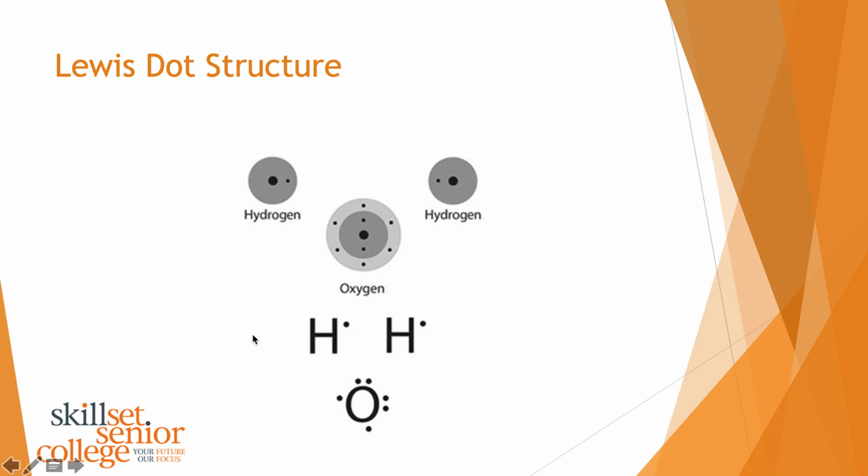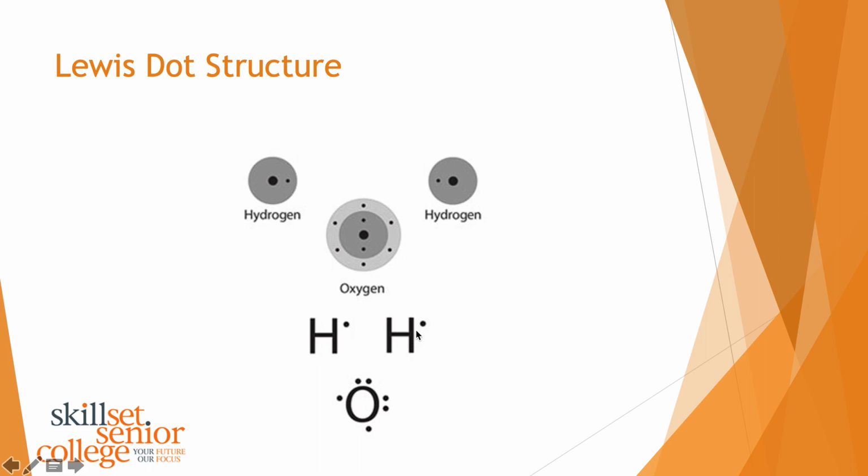So we don't need to write the inner shell for most elements if they have that completely full, like oxygen does. Hydrogen has one valence electron, hydrogen has one valence electron, and oxygen has 6 valence electrons. So a really simple way that we can draw that is H, the chemical symbol for hydrogen, with a little dot. That little dot represents the one valence electron.